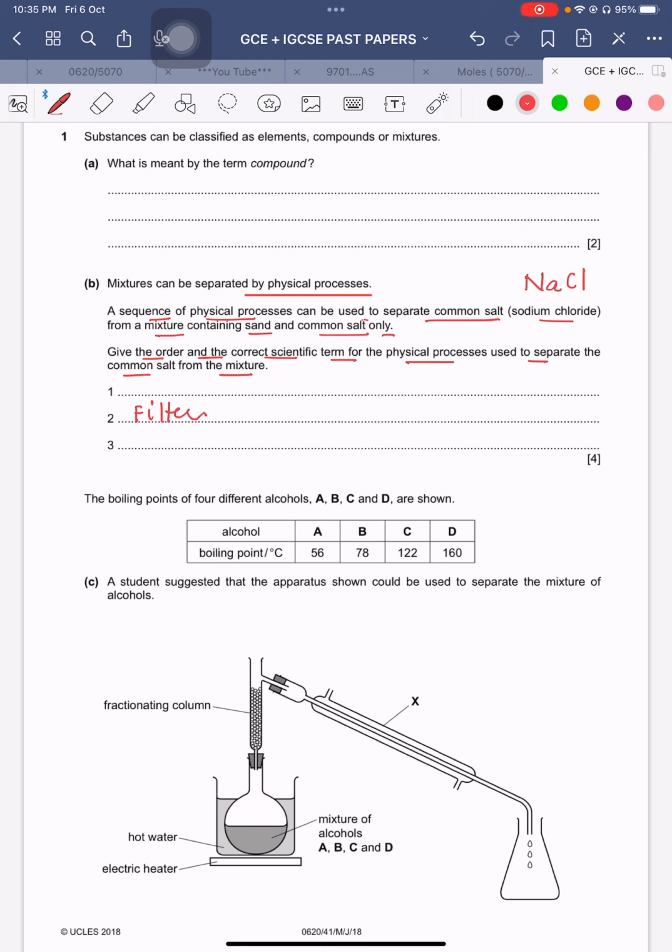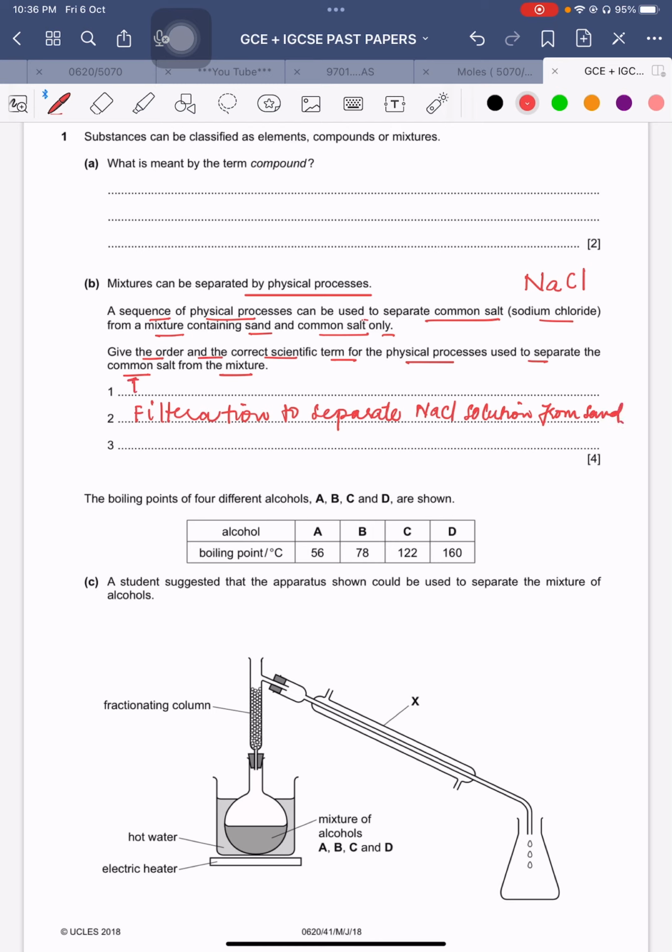Filtration to separate NaCl solution from sand.